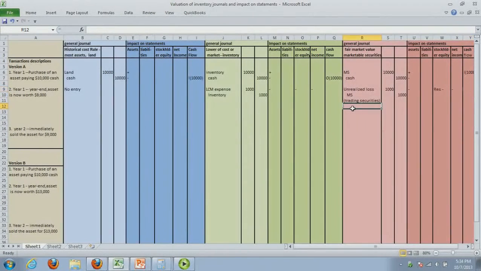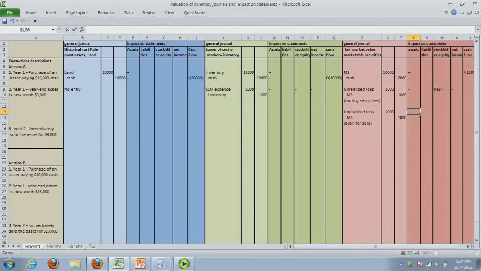So that's trading securities. And then what if we did the available for sale securities? Interestingly enough, it's the same journal entry, same titles, but it's treated differently with available for sale. Now I don't think we've ever seen that before, where a title can be the same but mean something different. But here's one of those exceptions.